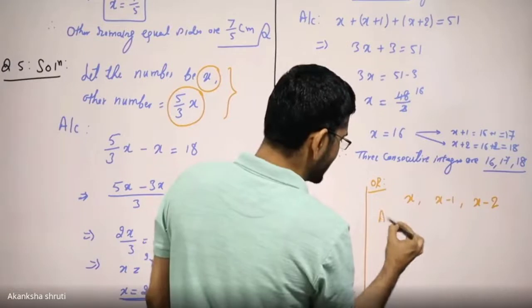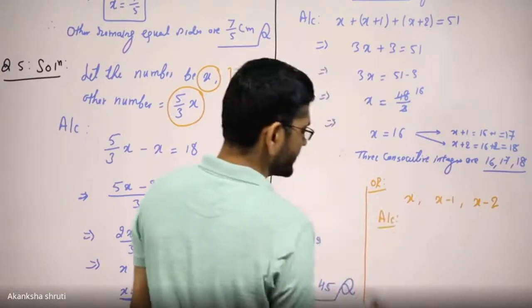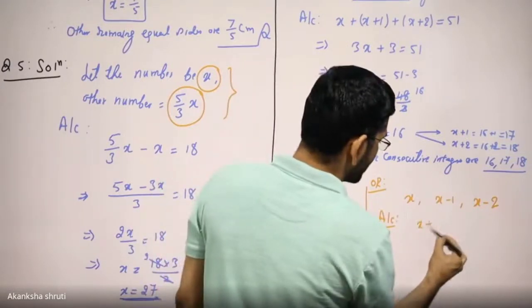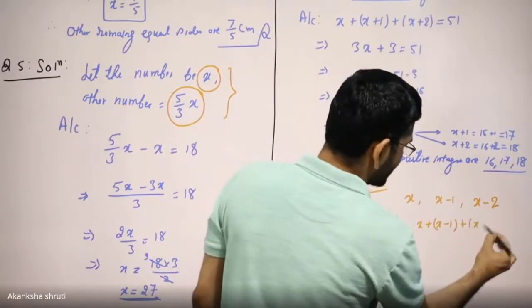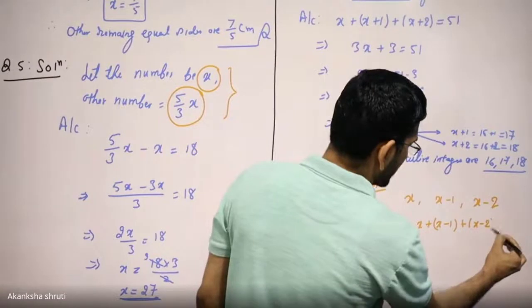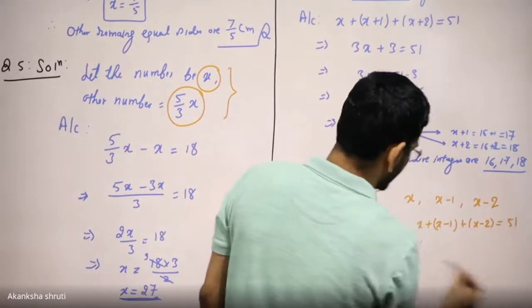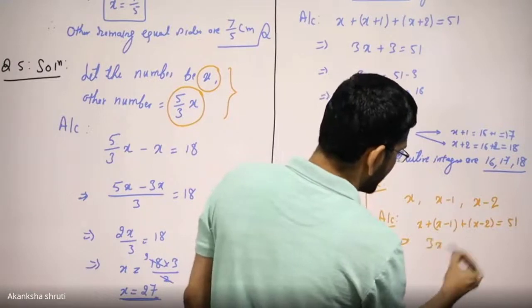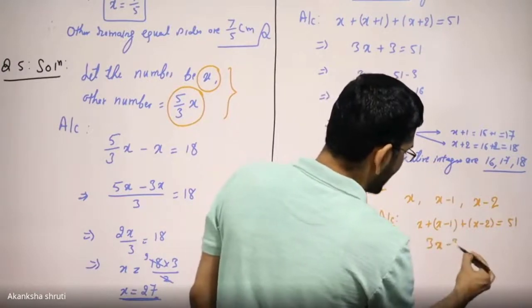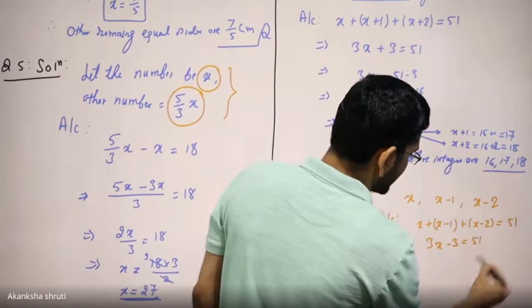If we are taking like this, let us see, then it becomes x plus x minus 1 plus x minus 2. This becomes equal to 51. This time x plus x plus x, 3x, minus 1 minus 2, minus 3, is equal to 51.